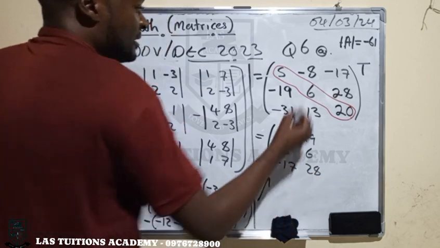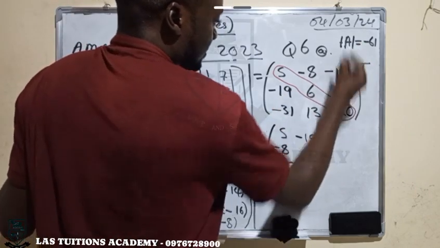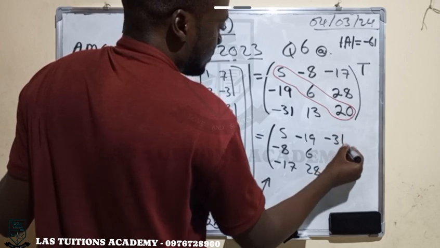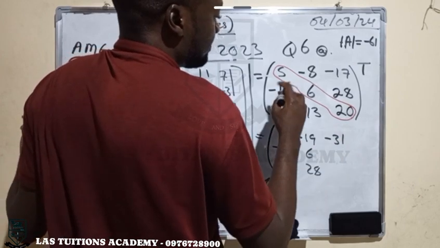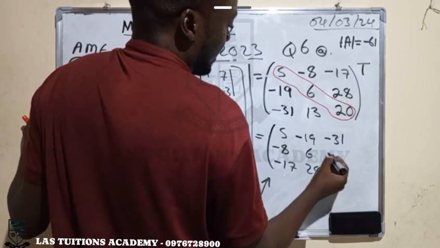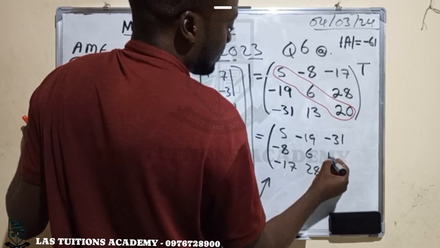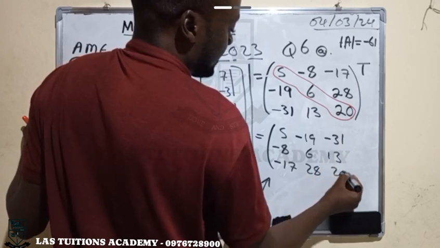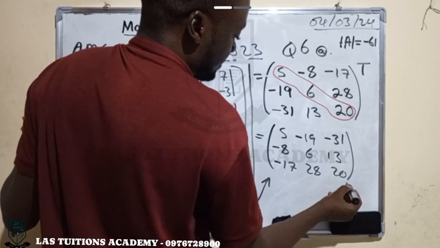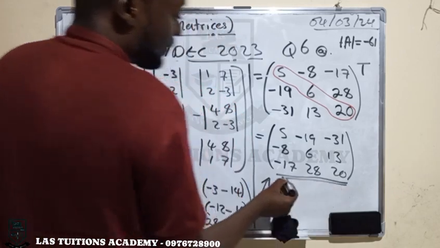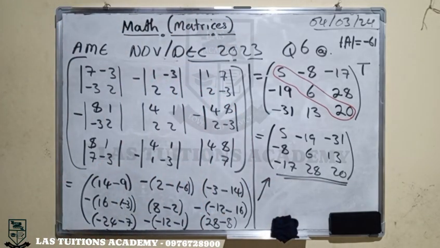Then here we're going to have negative 31, then we have 13, then 20. So this is our cofactor. So that's the matrix of cofactors.